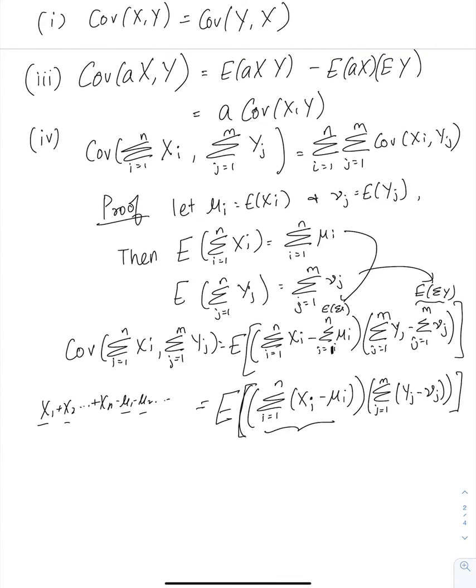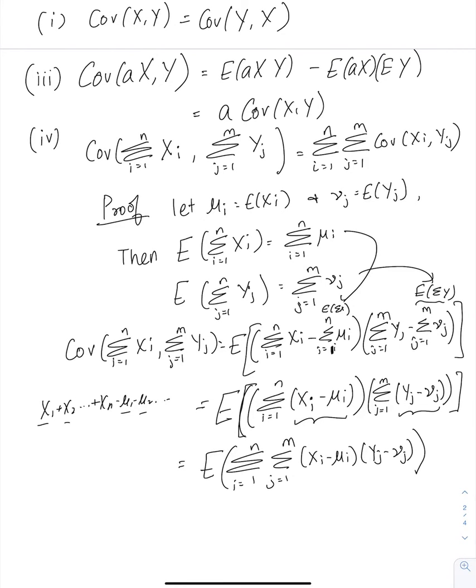Okay, so now I have this product, and I'm going to think of this as this sum of these terms multiplied with the sum of these terms. So leave them together as one and take a product, and what you're going to get? You're going to get a double sum of xi minus mu i times yj minus nu j.